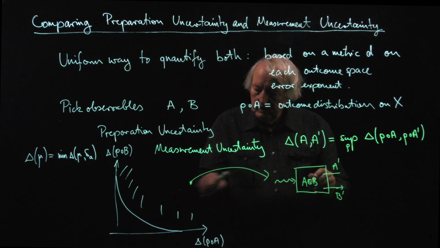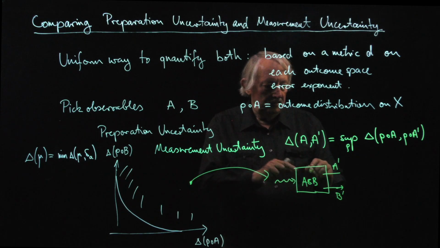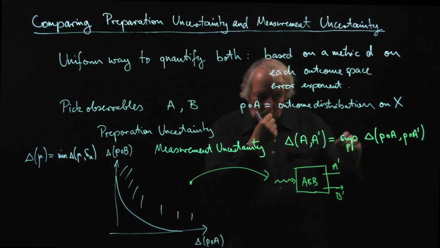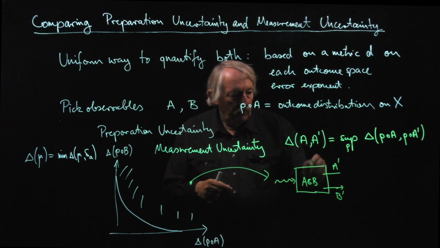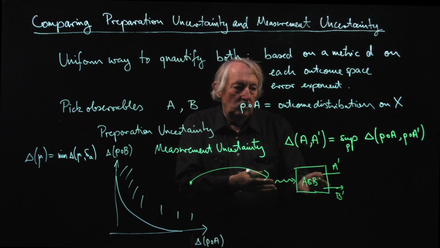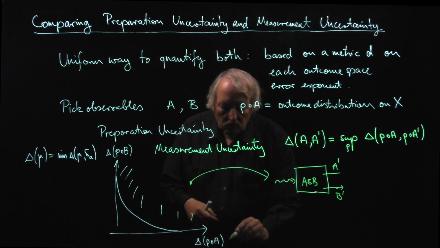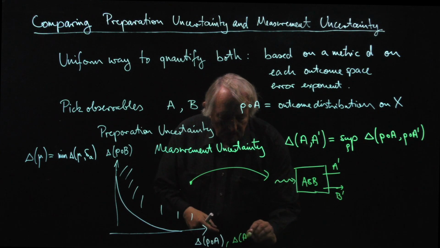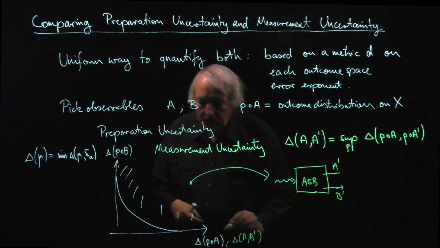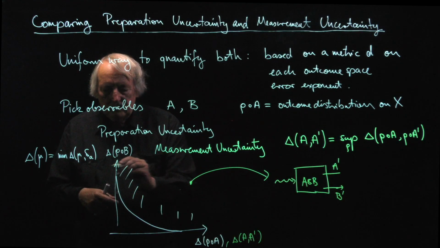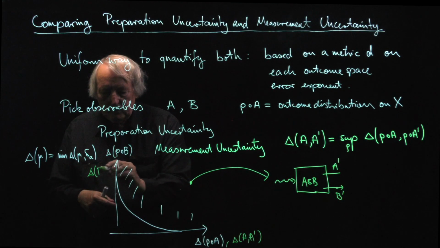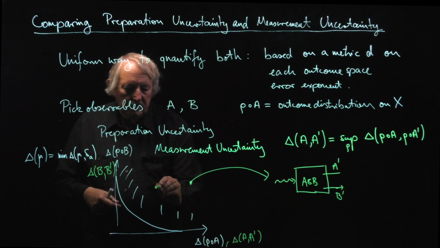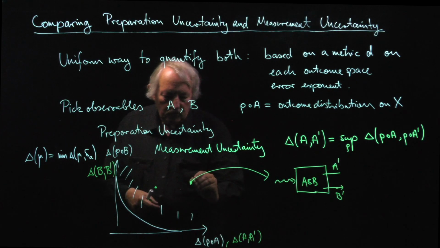So every point here corresponds to one of these guys, and then on the axes I can draw, of course, the A prime depends on what the joint measurement is, right? So then on this axis, I just write the delta of A prime. And on this axis, I write the delta of B prime, which is a corresponding thing, right? So I get a green point here, right? There was already a green point here.